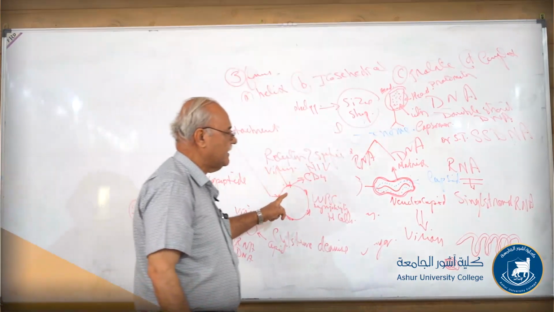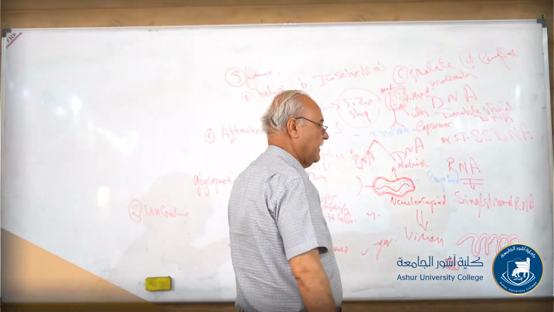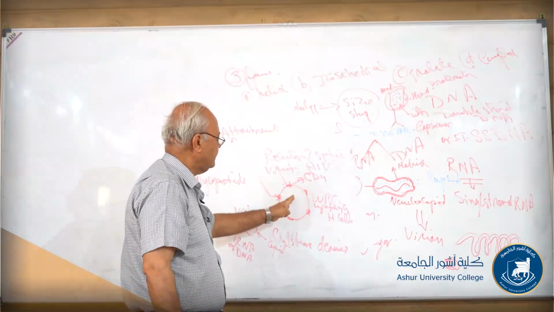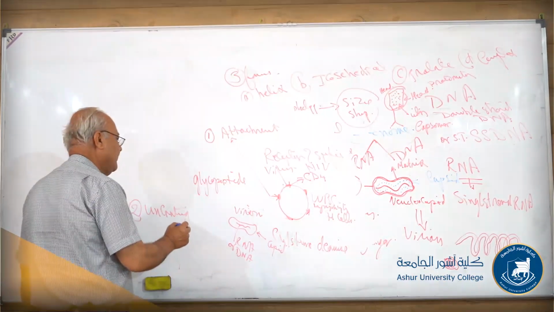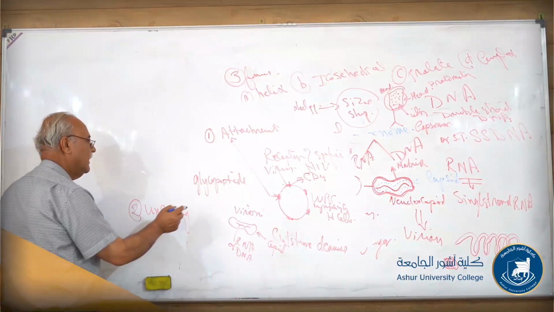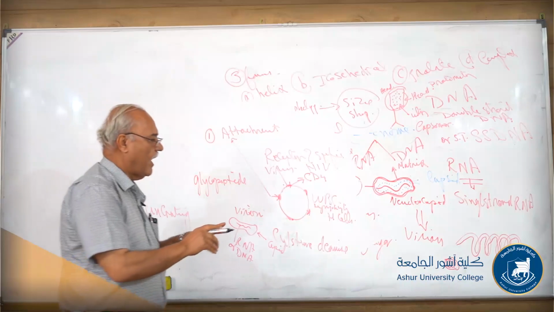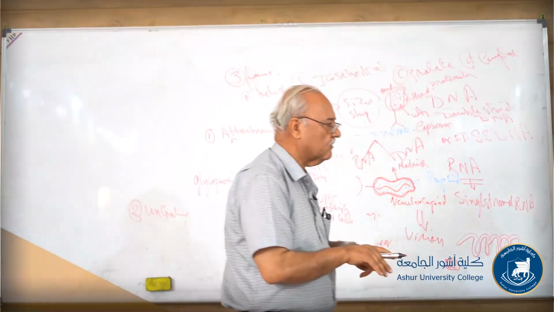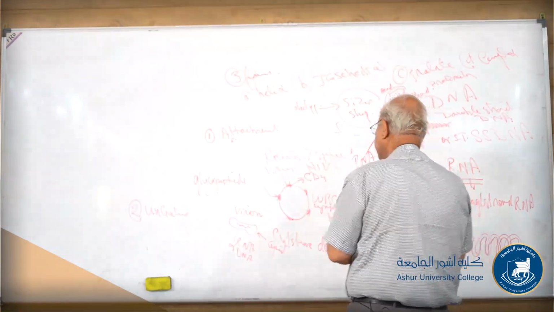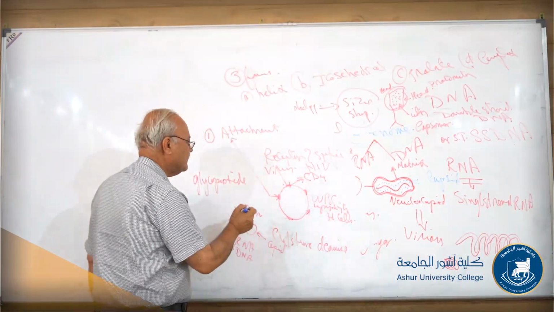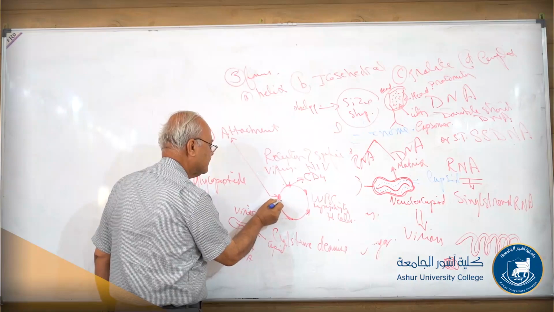When the virus attaches to a specific receptor site in the human cell, it has the ability to get inside. How? By fusing with the cytoplasmic membrane, causing pores.